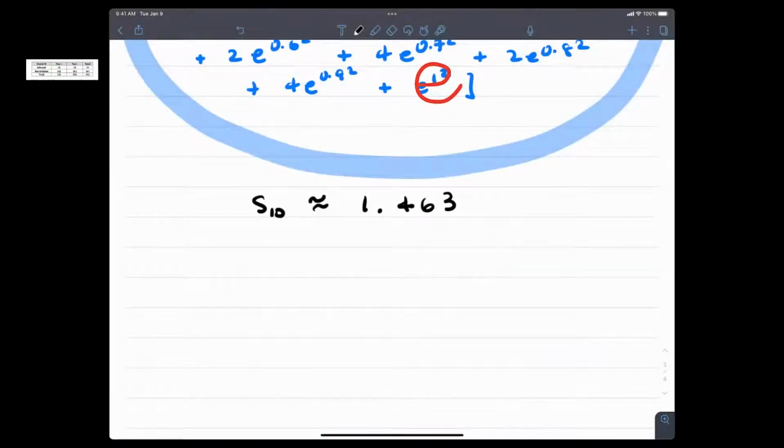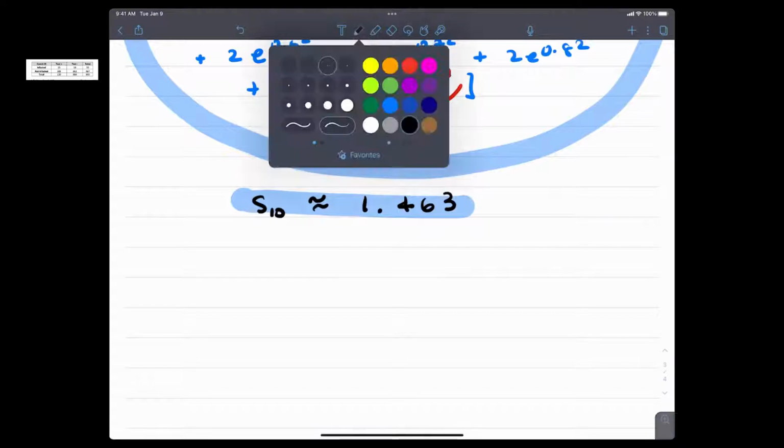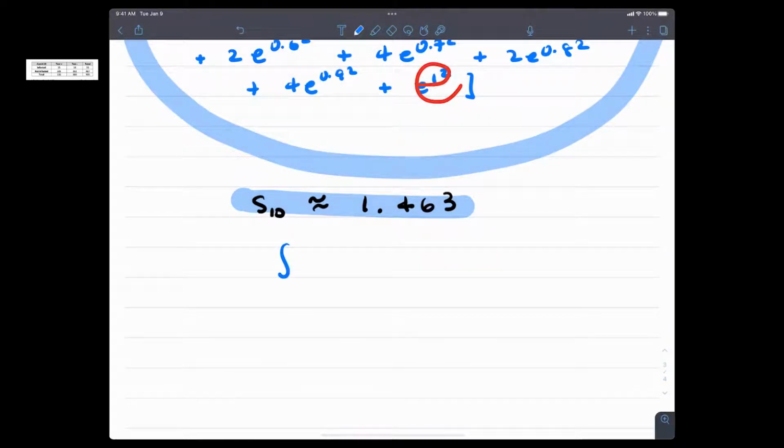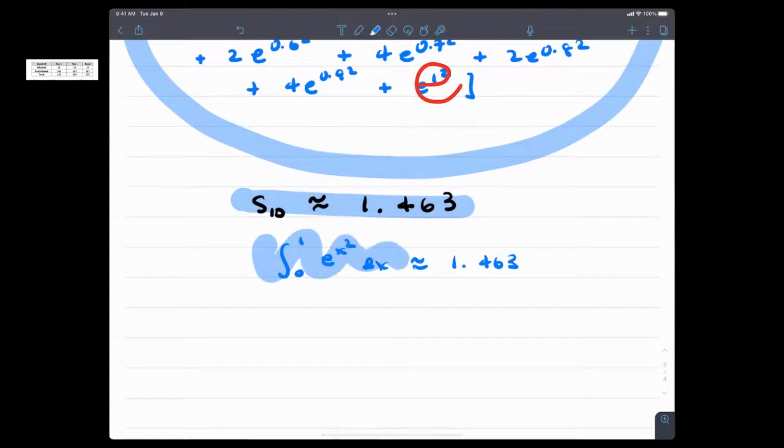Okay? In other words, this formula is the area from 0 to 1 of e to the x squared dx, 1.463.